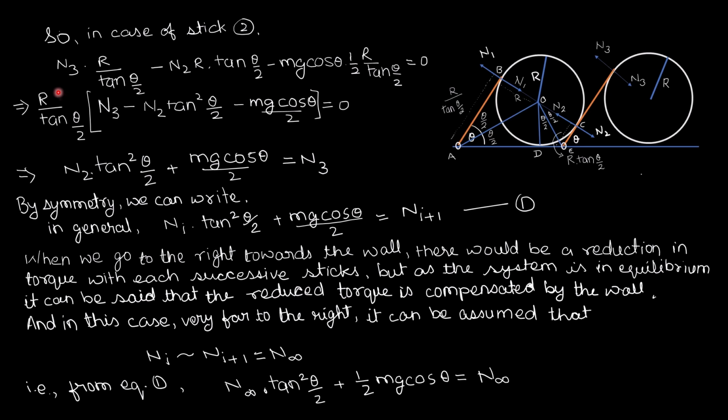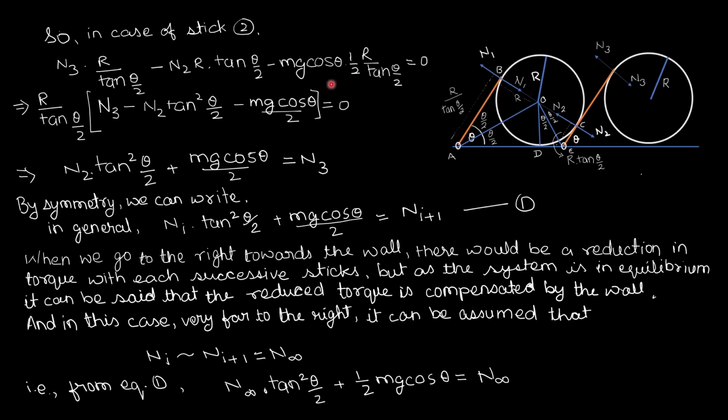In equation form, this is N3 into r by tan theta by 2 minus N2 into r into tan theta by 2 minus mg cos theta into 1 by 2 into r by tan theta by 2 is equal to 0.